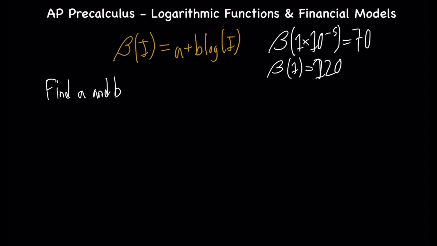So let's say we have this equation, and we know that this equals 70 and this equals 120. Now we need to find A and B. Well, the first thing you're going to want to do here, like we did in the previous example, is a little bit of subtraction.